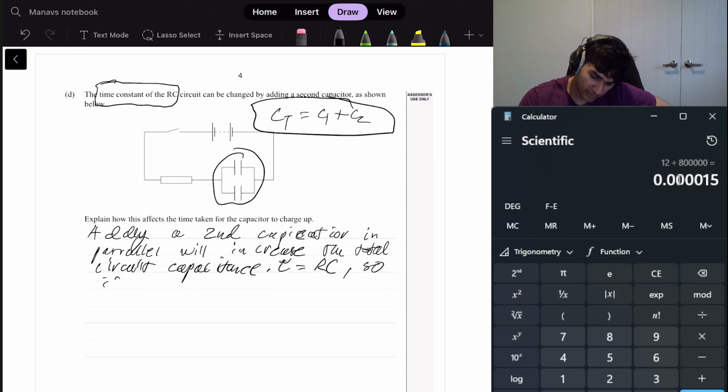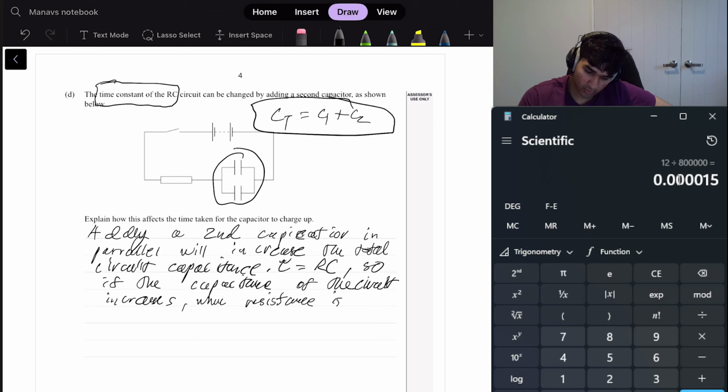So if the capacitance of the circuit increases where resistance is constant, then tau must increase.